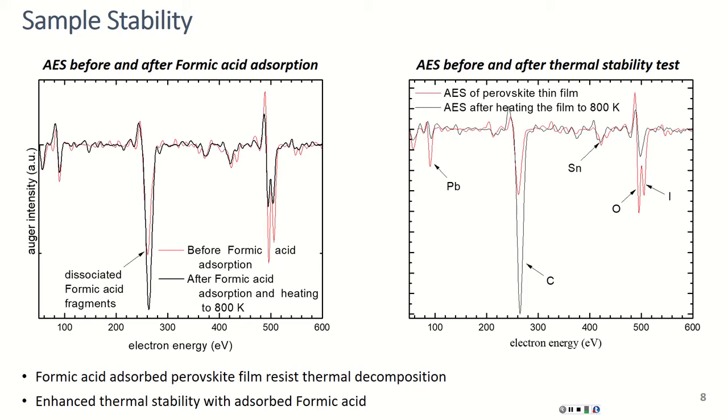With carbon dioxide it starts to decompose around 530 Kelvin, but with formic acid it starts to desorb around 600 Kelvin. And after desorption, in this experiment we didn't detect the decomposition fragments, because we were trying to detect the dissociation fragments of formic acid instead of decomposition fragments of the perovskite.